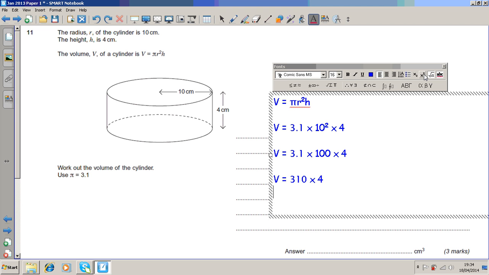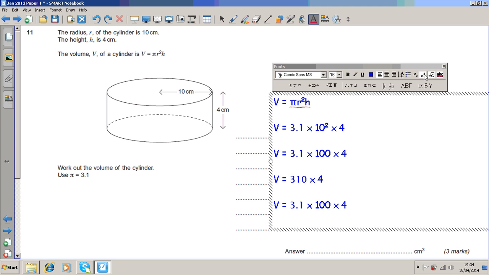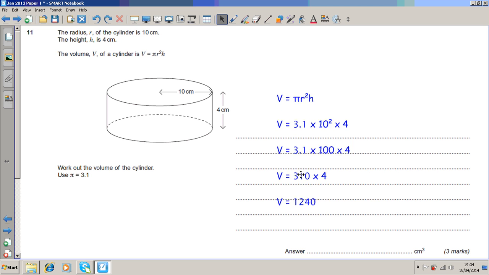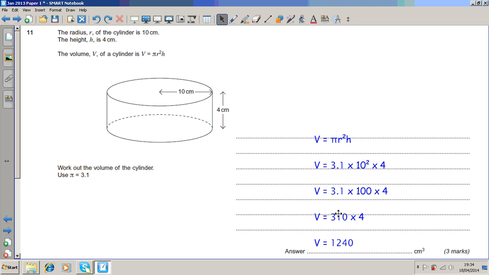And now I've got to times that by 4. And you can do this in grid method if you need to, but however you do it, you should get 1240. And that is your answer, 1240.